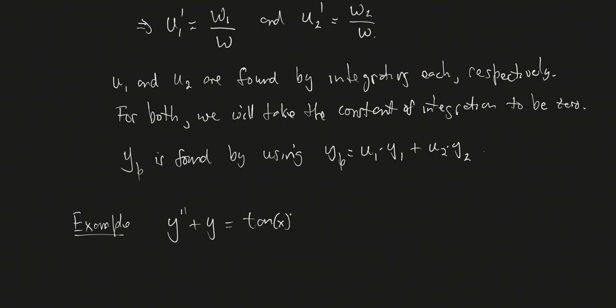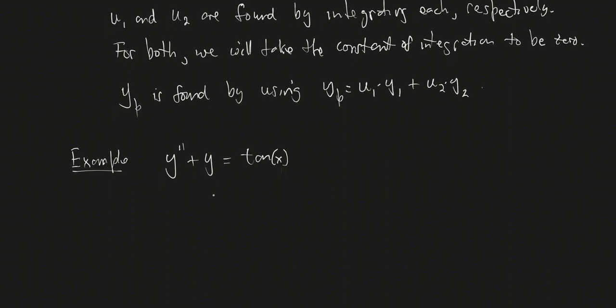In fact, you can always use variation of parameters, but don't make that decision right now. Let's see what goes into this process before you throw out the method of undetermined coefficients. Because I like that method, but sometimes you don't have an option.